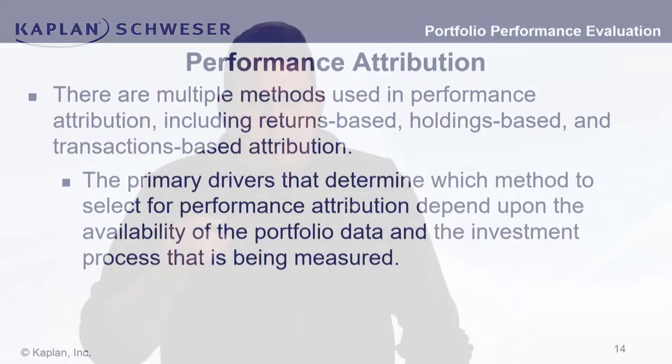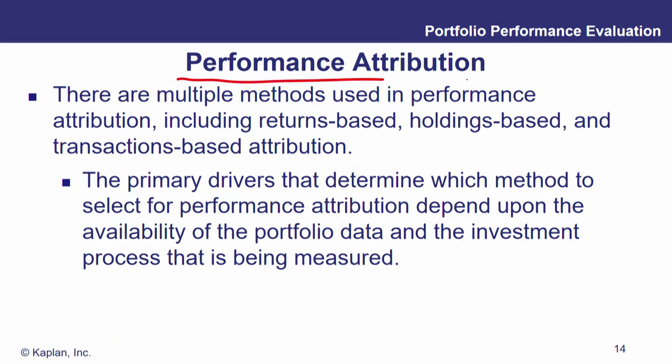Okay, then as we get into performance attribution, there are multiple methods. For the exam, I would like you to know these three methods. They do come up fairly frequently on exams, and they're not too bad to understand. So we have three methods for performance attribution.